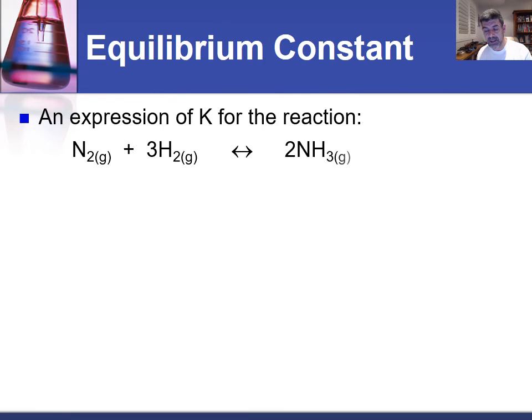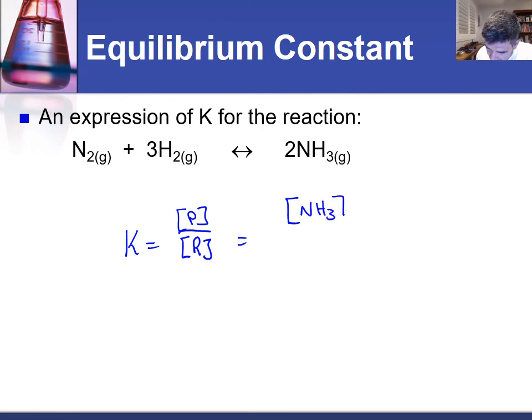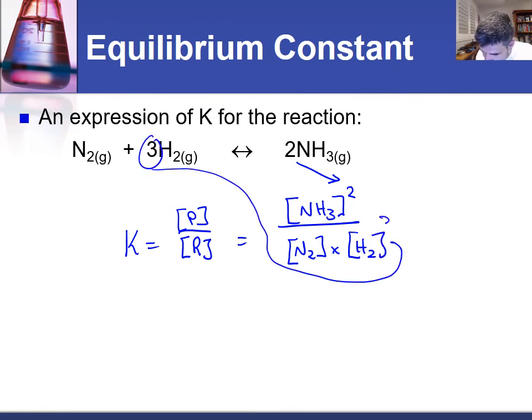So an expression for the value of K for this particular reaction would look like this. K is equal to products over reactants, which is equal to the concentration of NH3 raised to the power of 2, divided by the concentration of N2 multiplied by the concentration of H2, and again that is going to have to be raised to the power of 3.